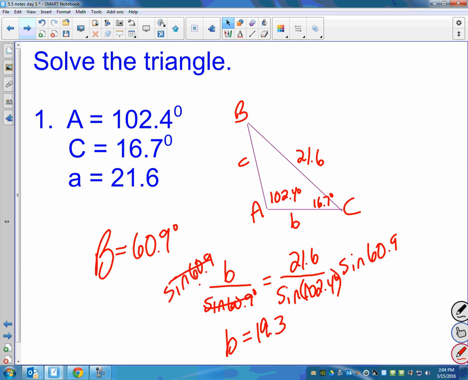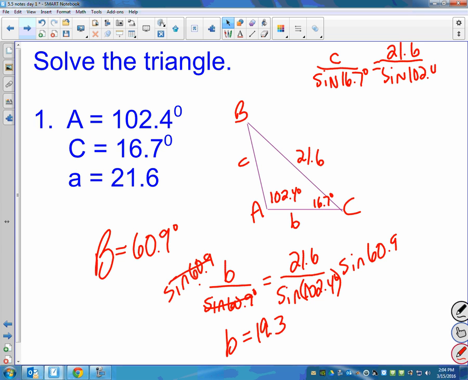And then to solve side C, do you agree we just have to do it again, but now with C? What's really great about your calculators is, on my calculators at least, you can arrow up and get back that same line, and all we're doing to solve side C is changing this bottom now, right? Like I would write this as C over sine of 16.7, and I'm going to keep that as 21.6 over sine of 102.4.